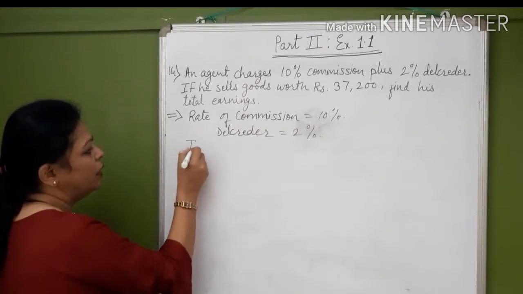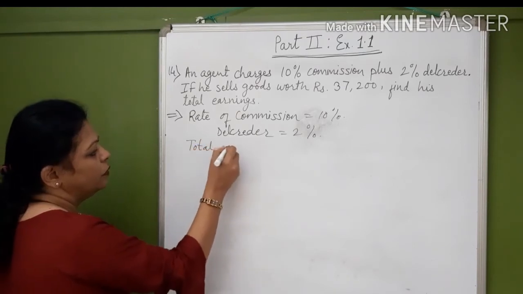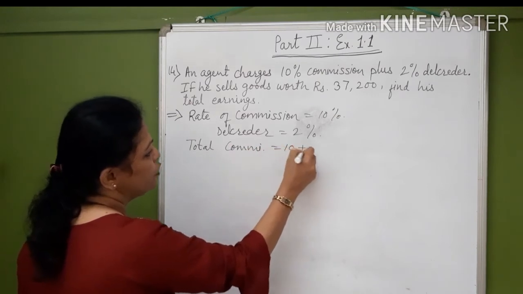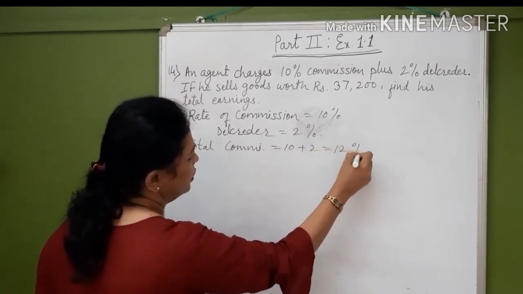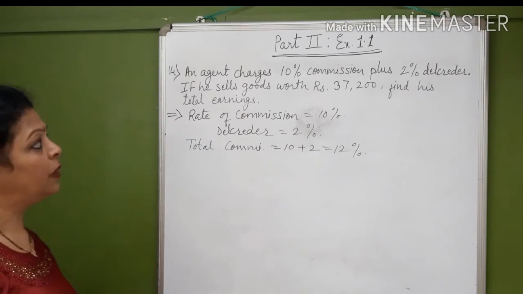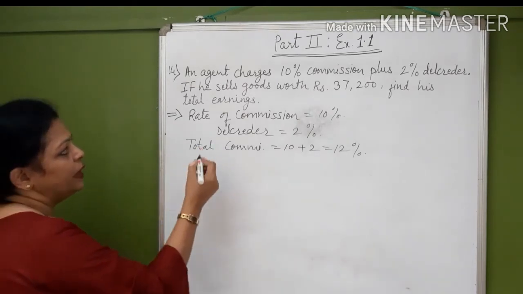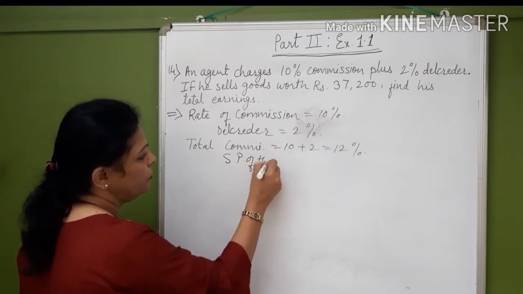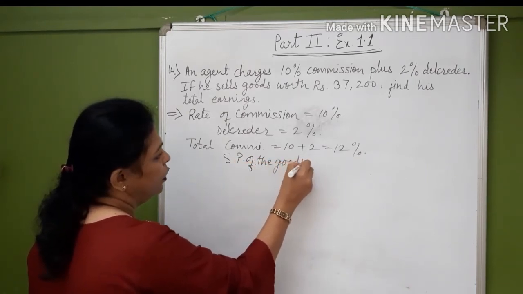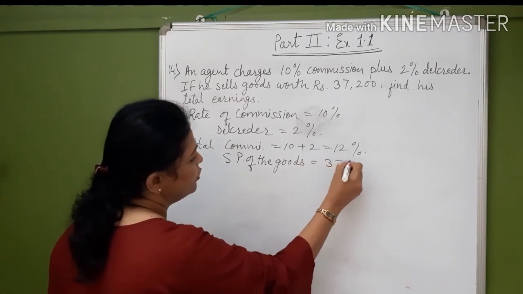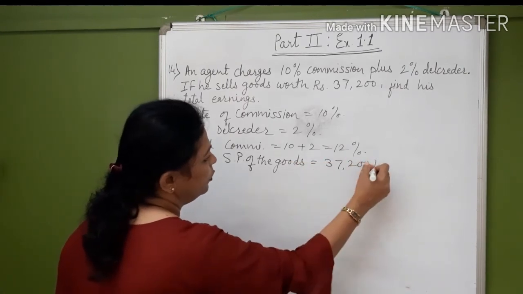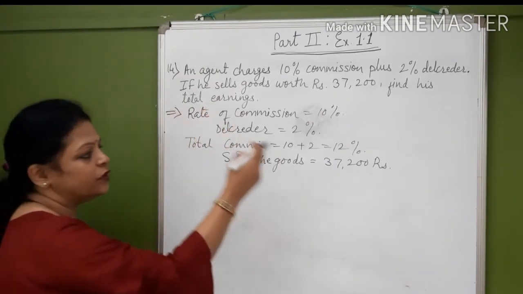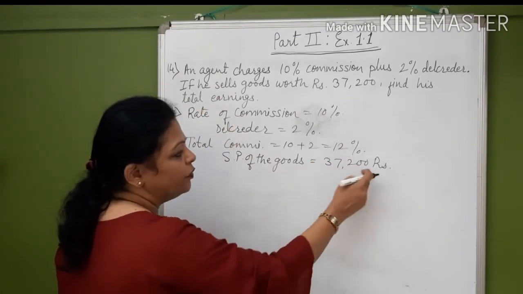That means total commission will be 10 plus 2, that is 12%. Very simple. And what is the selling price of the goods? Of the goods is 37,200 rupees. That means to find the total earnings, we have to just find 12% of this amount.